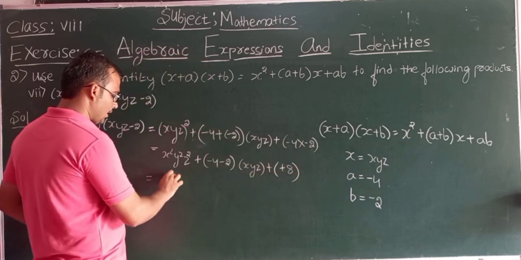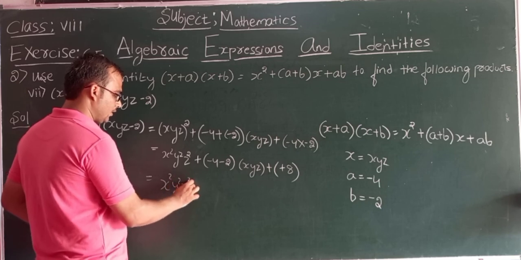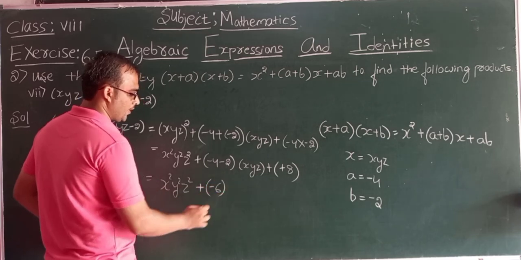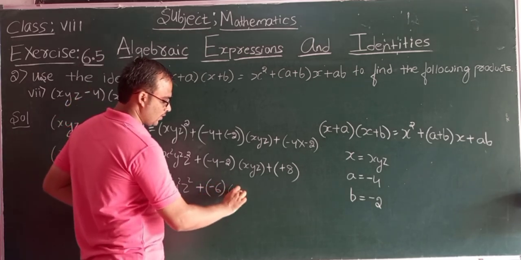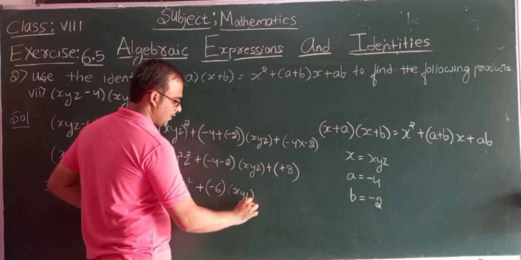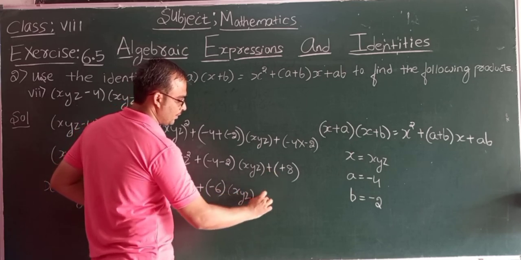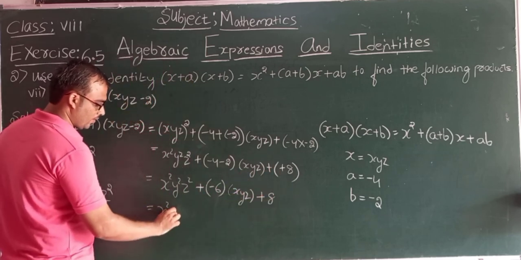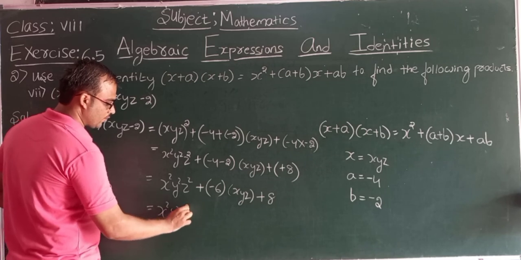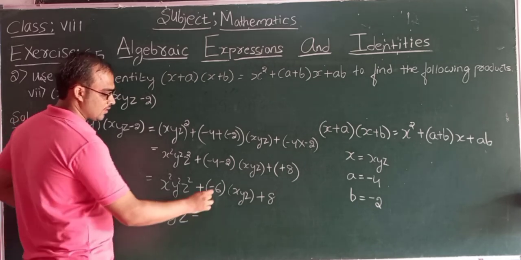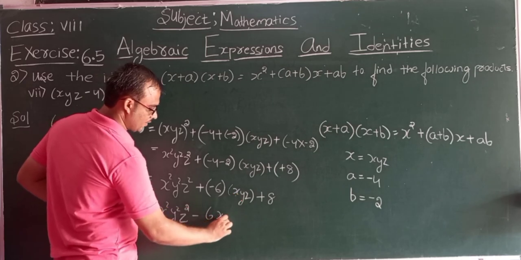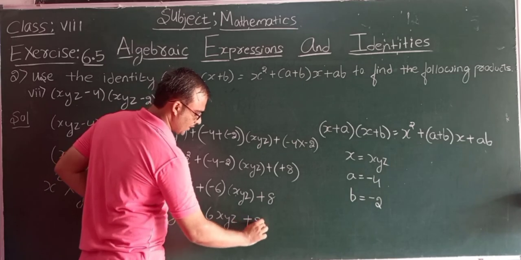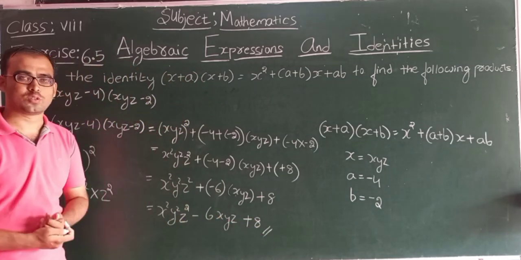So x square y square z square plus bracket minus 4 minus 2 will be minus 6 into xyz. Plus into plus will be plus 8. So x square y square z square plus into minus will be minus 6xyz plus 8. So this will be the solution of the 7th problem.